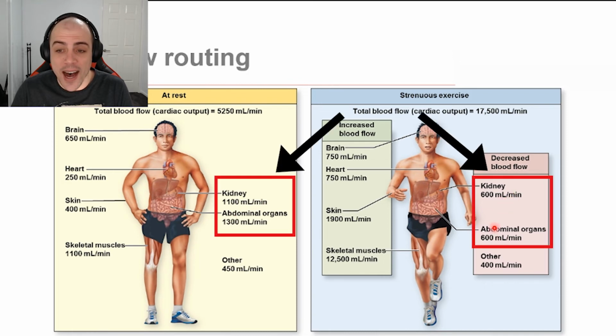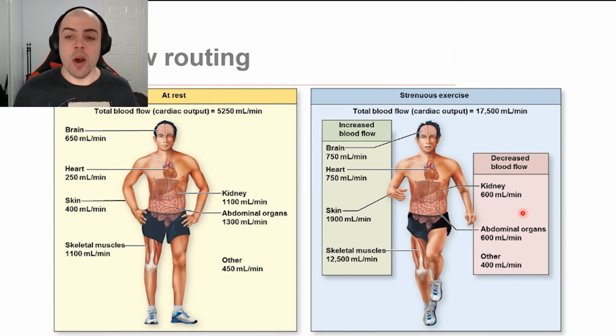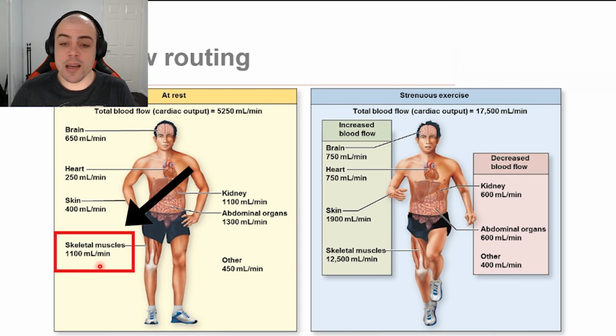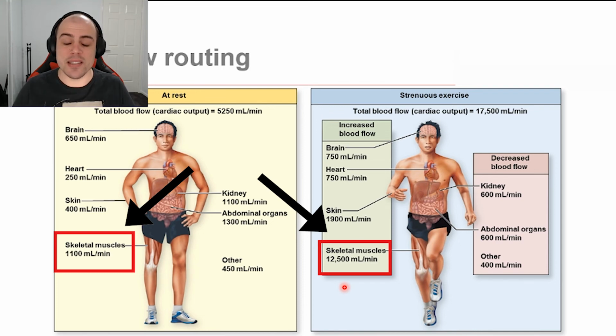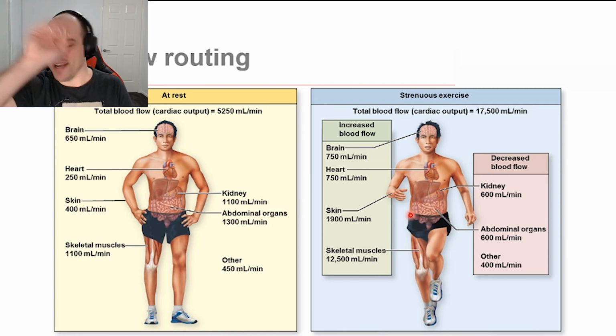They basically halved, again because it's just not a priority. We do not need to filter our blood and absorb nutrients and minerals from our food. I am running for dear life. Skeletal muscle over here goes from 1.1 liters per minute up to 12.5 liters per minute. It's over a 10 times increase, which again makes sense because these bad boys are getting a workout because I am legging it. I'm getting out of there.